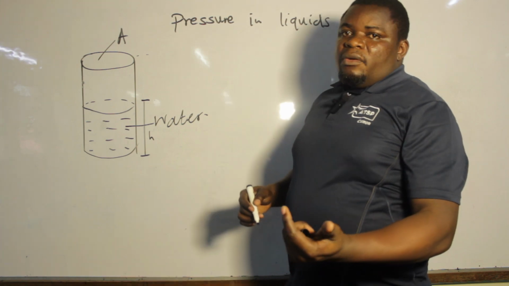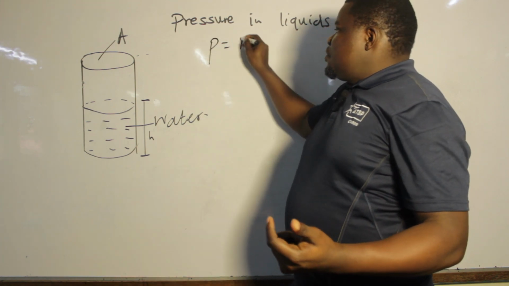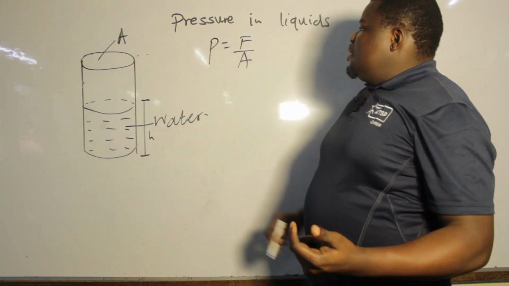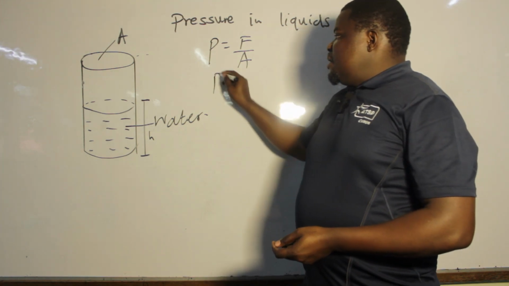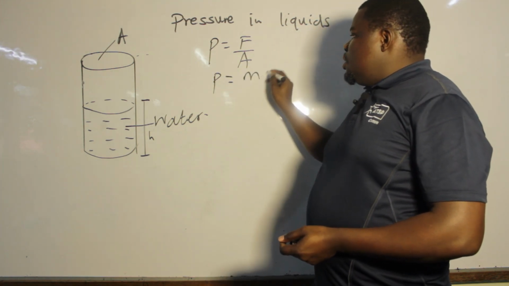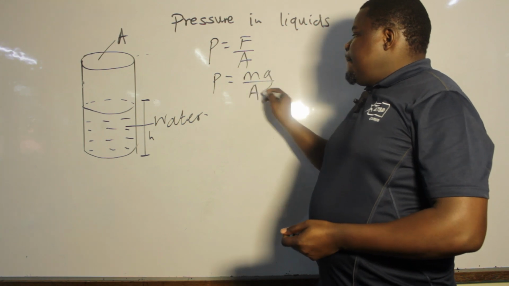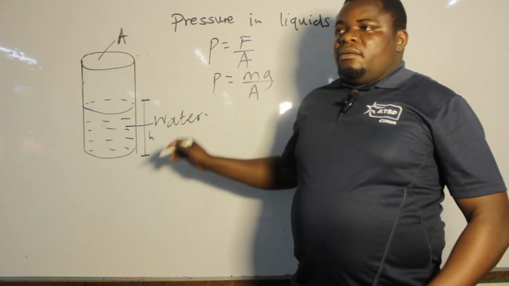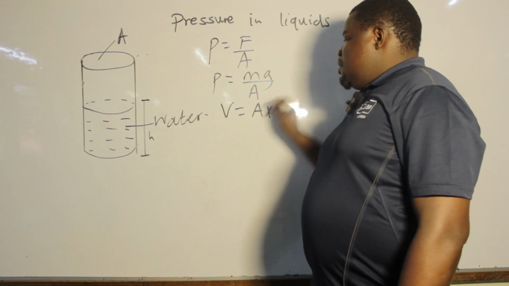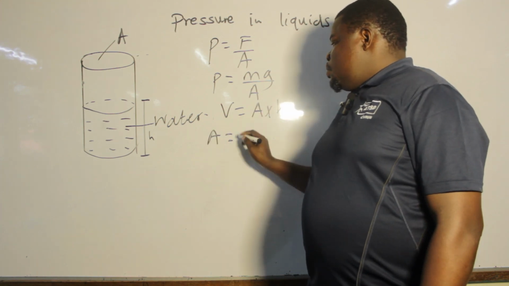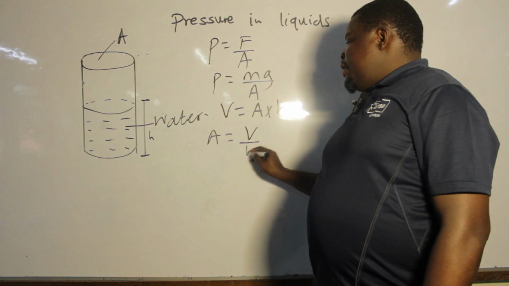From solids, we know that pressure P equals force over area, and we can express this in another manner by saying that pressure is mg over A. We know that volume V equals area times height. Therefore, A equals volume over h.